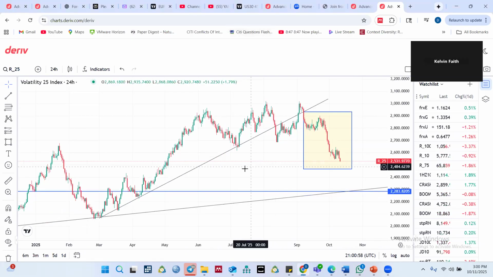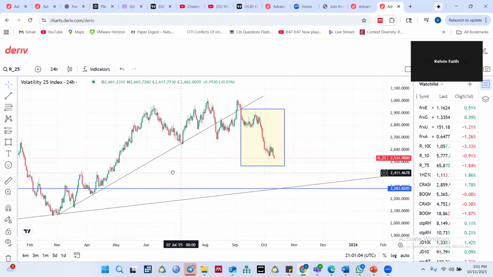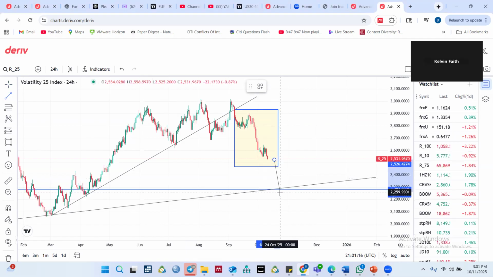Okay, so I think that's what we've been learning so far. For you to know that price is below this blue line, you have to wait for price to come to the blue line.